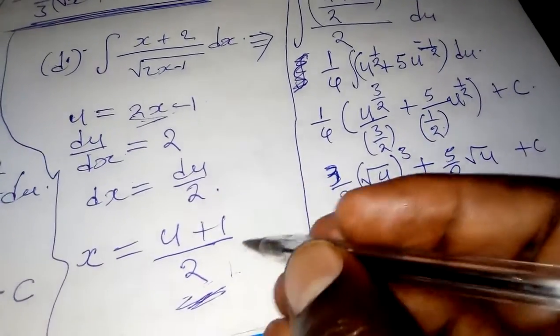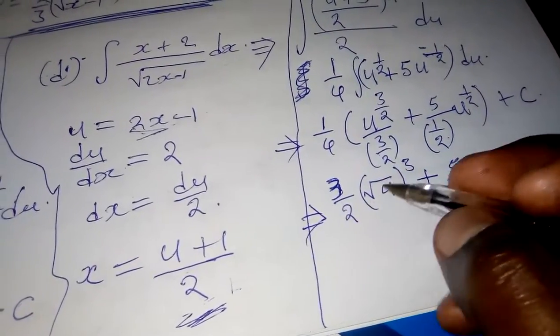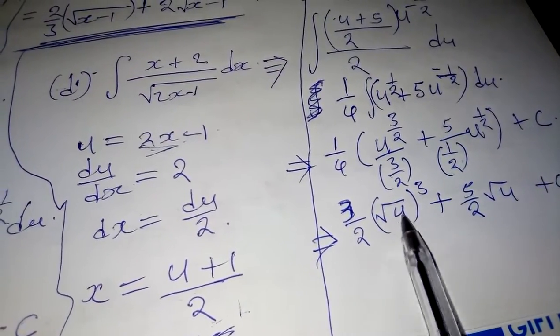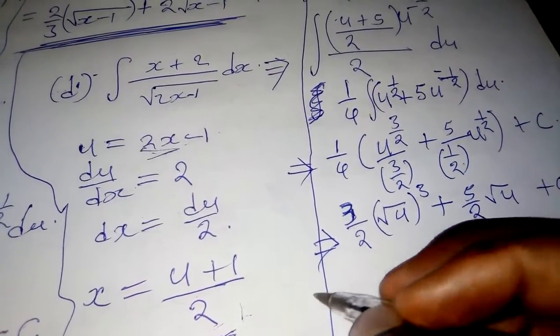So here now, to write the final answer, it will now be just a matter of replacing where there's u. Remember that our u was 2x minus 1, you put your u there.